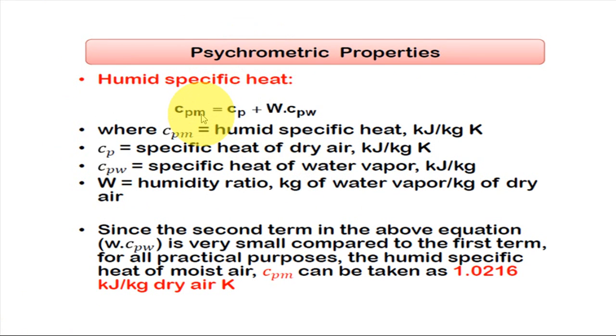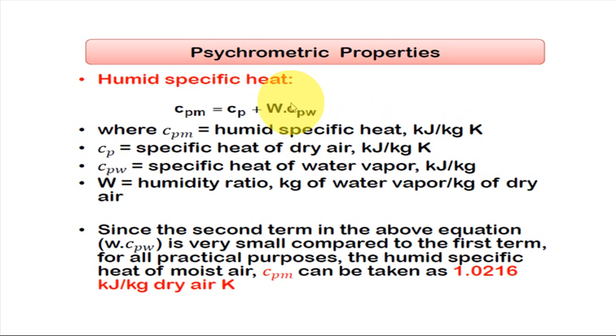Now humid specific heat is Cpm equal to Cp plus W into Cpw, where Cpm is the humid specific heat, Cp is the specific heat of dry air, Cpw is the specific heat of water vapor, and capital W is the humidity ratio. The second term in this equation, W into Cpw, is very small.